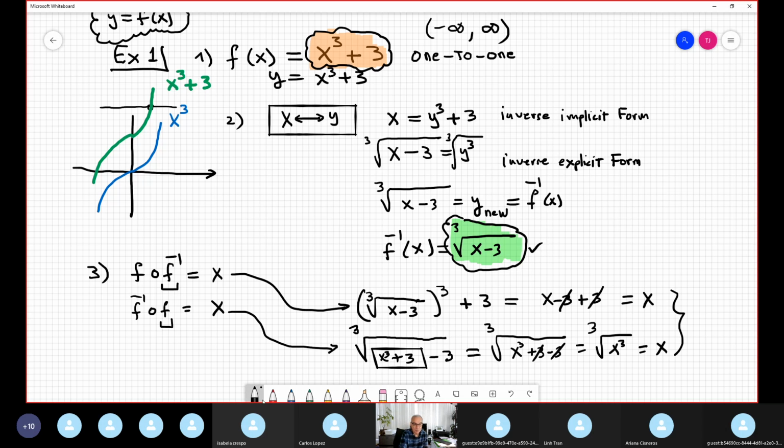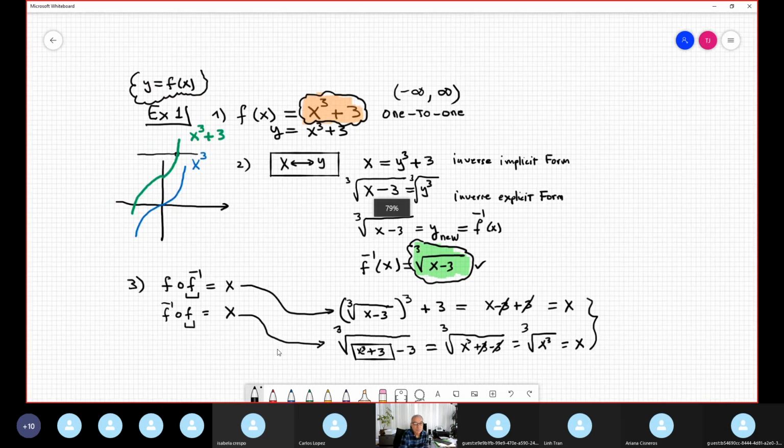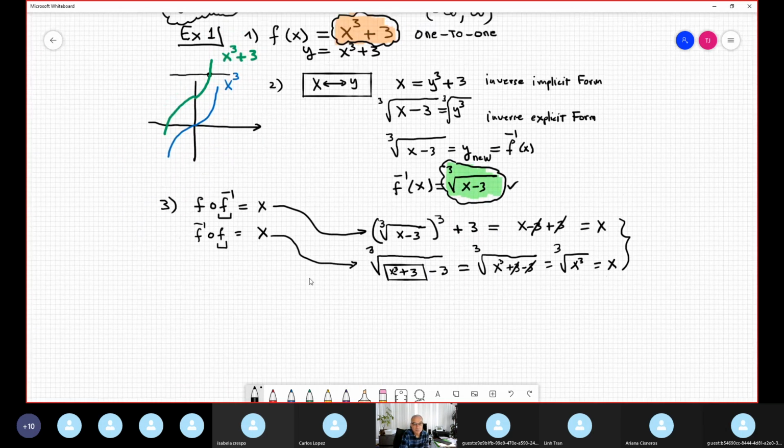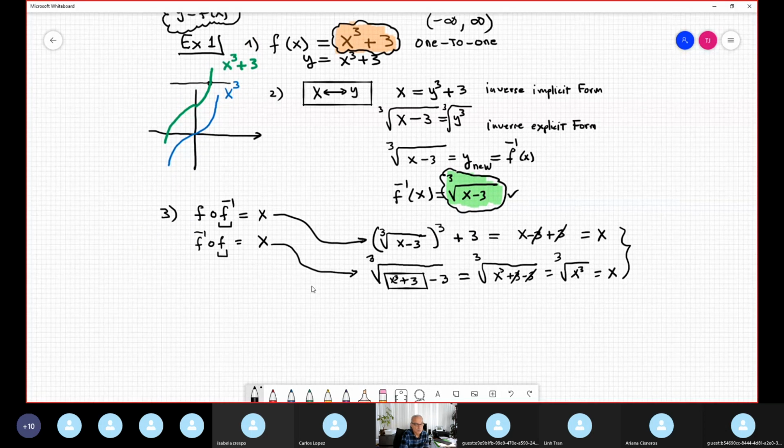Okay, number 4. Do you understand this or not? Yes or no? Student: When you find the explicit form, do you flip the x and y again and then take the square root? No. In explicit form, the only thing I did was solve for y.